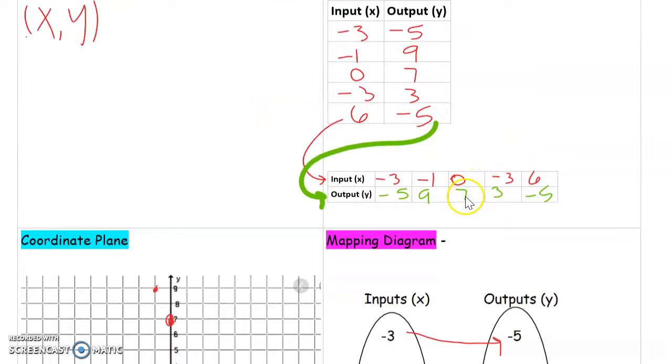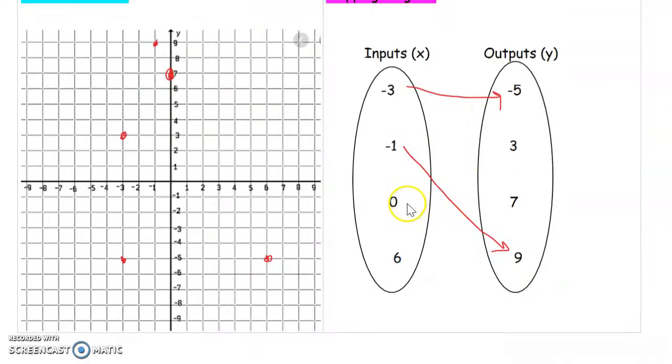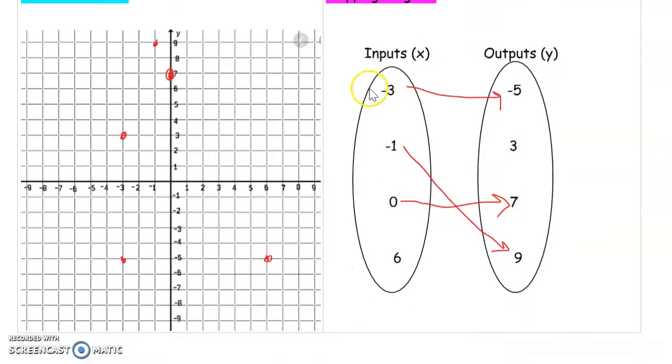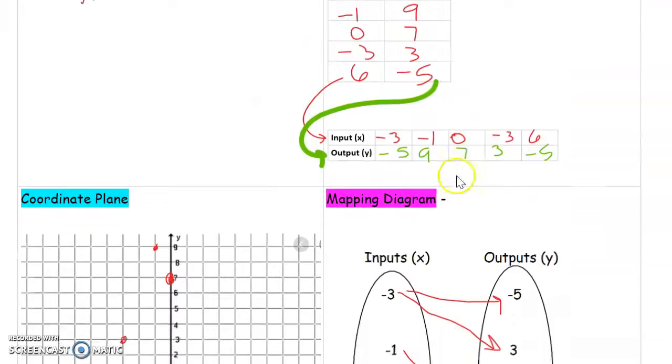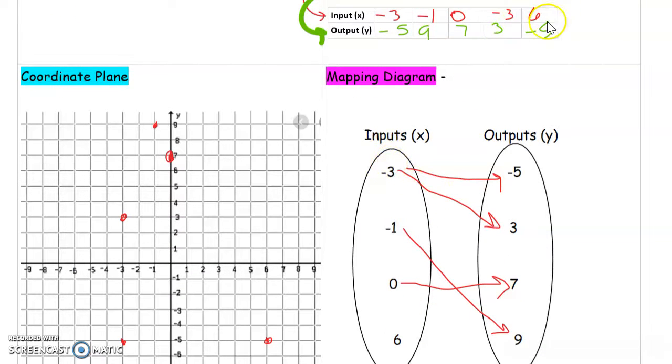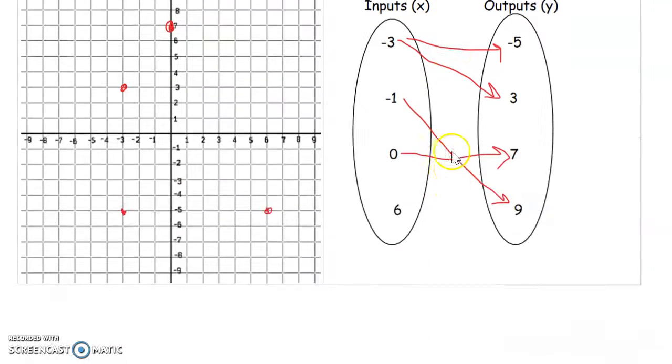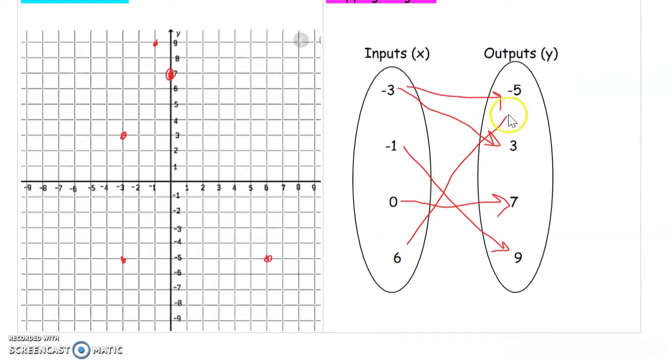Then 0, 7, so an arrow from 0 to 7. Then -3, 3. Because the -3 put out two things, it has two arrows. The last one was 6, -5, so my 6 will also come up to -5.